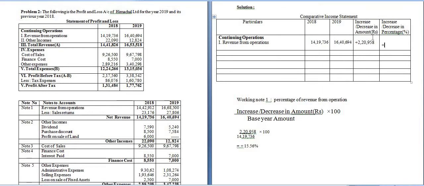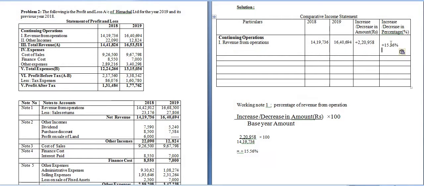The increase is 2,20,958 divided by the base year amount of 14,19,736, into 100, which is equal to 15.56%.